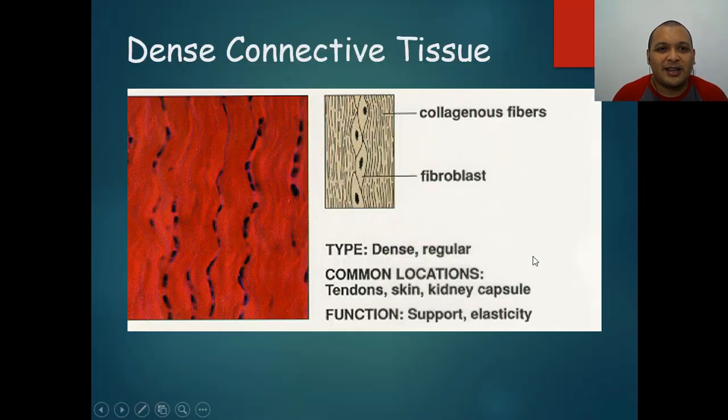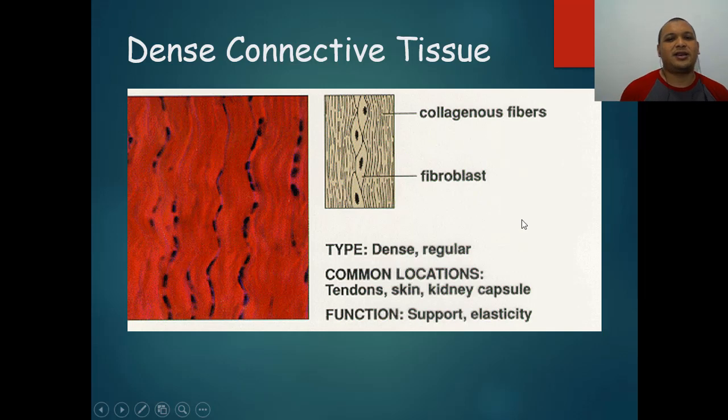Okay, next we have dense connective tissue. Dense is almost similar to the previous one. What makes the difference is only the space. In this case, the fibroblast makes more collagen fiber than the previous one. That's why it becomes so tight and so dense, and that's why the name is dense connective tissue.